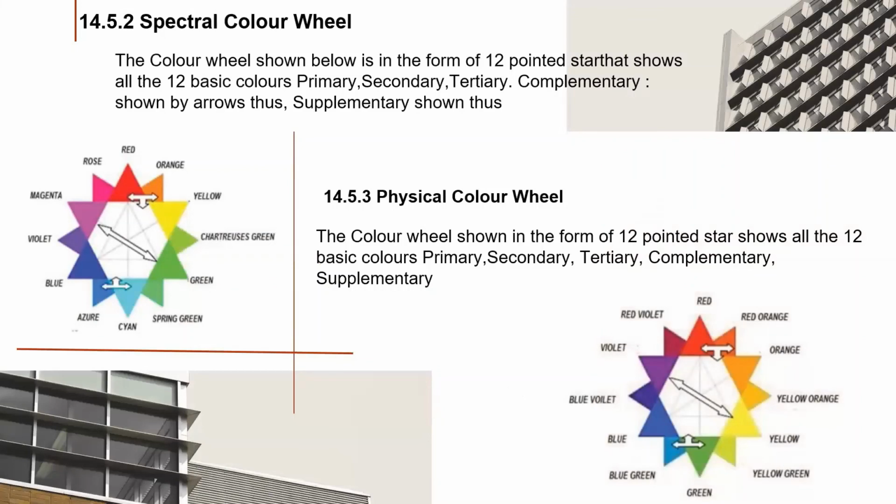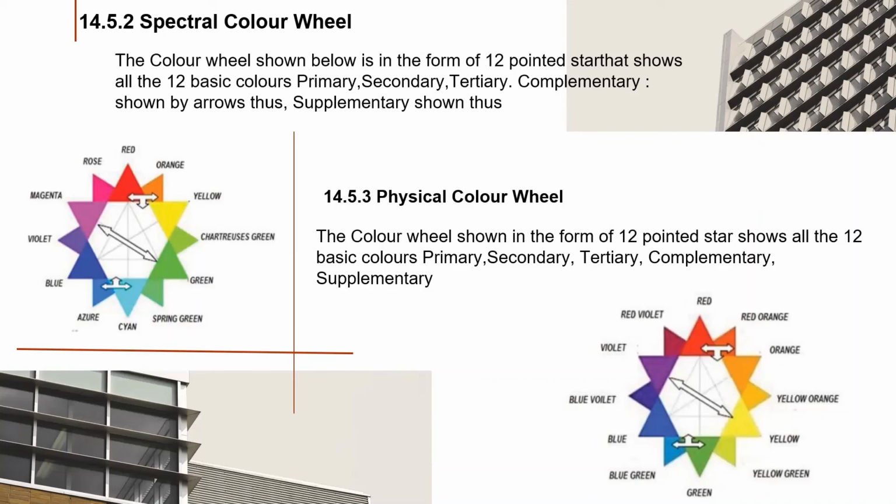Spectral color wheel. The color wheel shown below is in the form of 20 points. The star shows all the 20 basic colors: primary, secondary, tertiary, complementary, and supplementary. Physical color wheel.